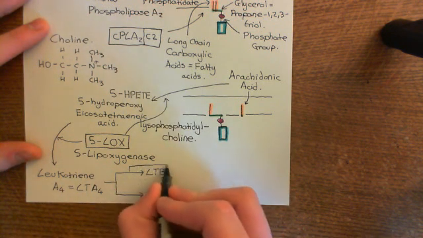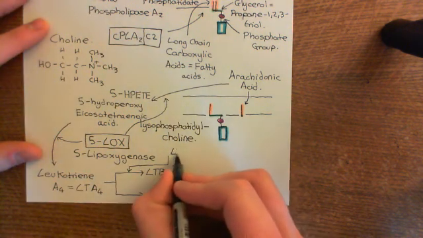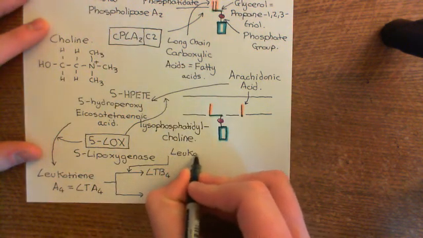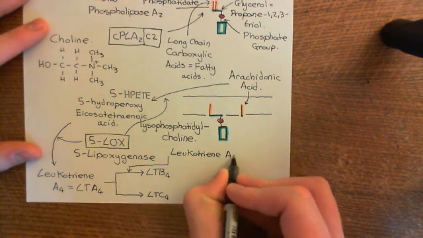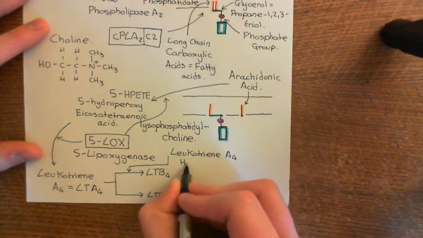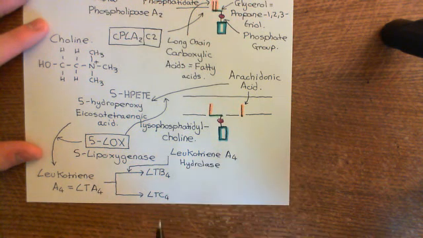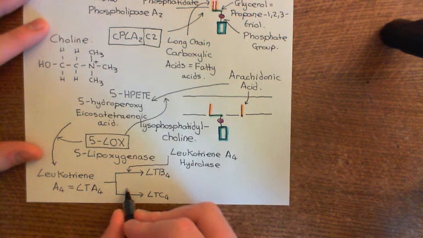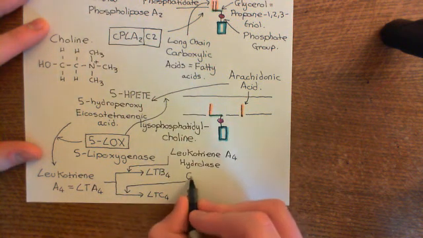The enzyme which converts leukotriene A4 into leukotriene B4 is known as leukotriene A4 hydrolase, and it's a cytoplasmic enzyme. The enzyme which converts leukotriene A4 into leukotriene C4 is known as glutathione S transferase.